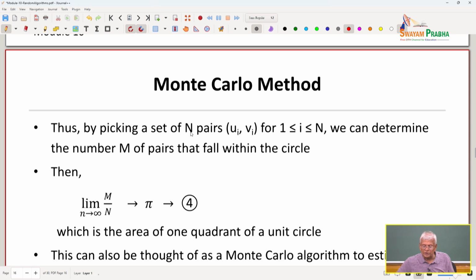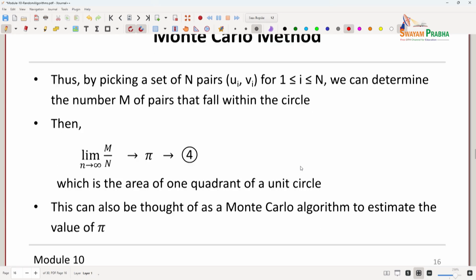By picking a set of n pairs u_i, v_i, i equal to 1 to n, we can determine the number m of pairs that fall within the circle. Then in the limit, m by n, as capital N goes to infinity, tends to pi by 4, which is the area of one quadrant of the unit circle. The area of the full circle is pi r square, where r is 1.